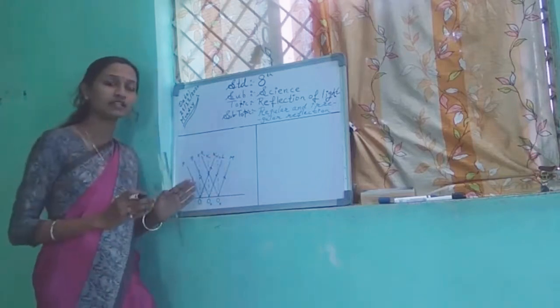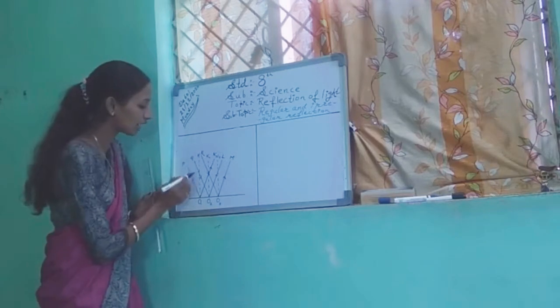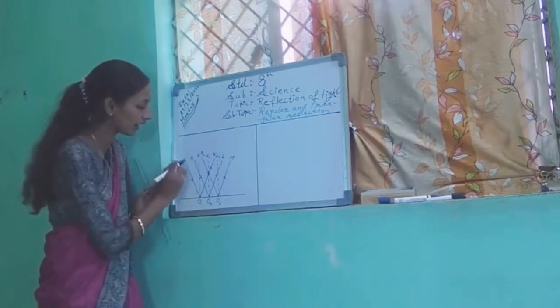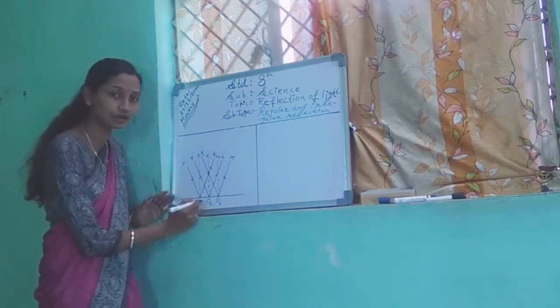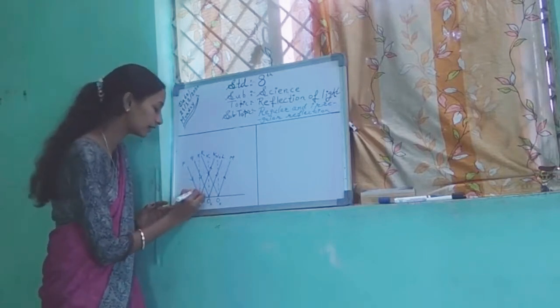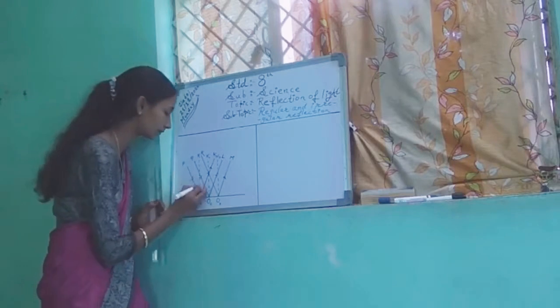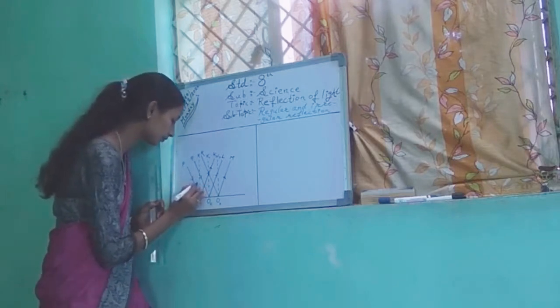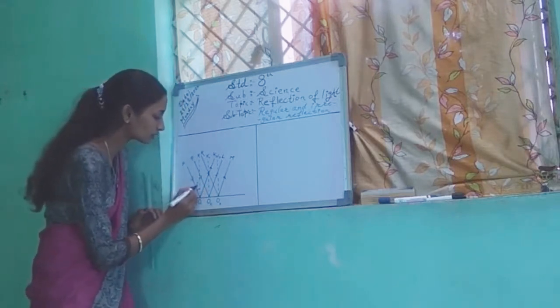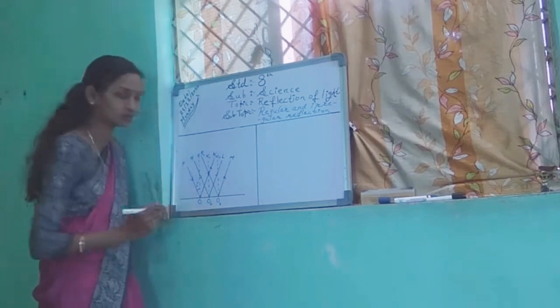And we have already seen that the angle between normal and incident ray is called the angle of incidence, and it is denoted by small i, right? Suppose this will be I1.